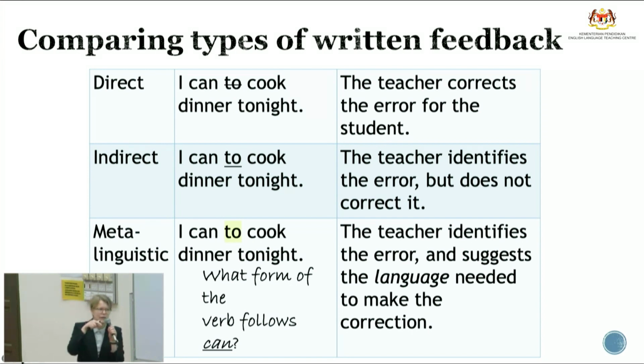If you see PL, it means it's a problem with singular plural. Okay? If you see tense, it means verb tense. So you're indicating the type of error, right, without making the actual correction.